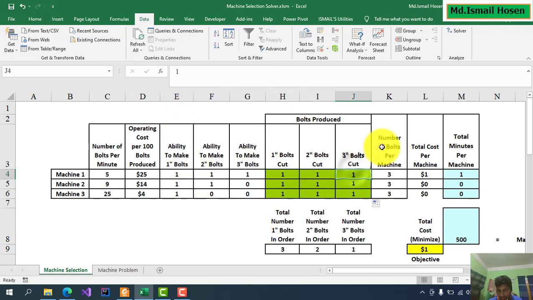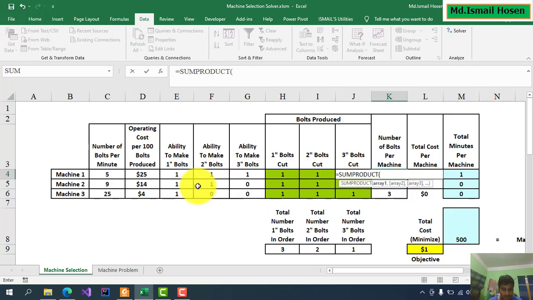So the number of bolts per machine. In machine 1, we are producing like this, right? If this number is changed, then we need to use the product, so that will be multiplied by this.